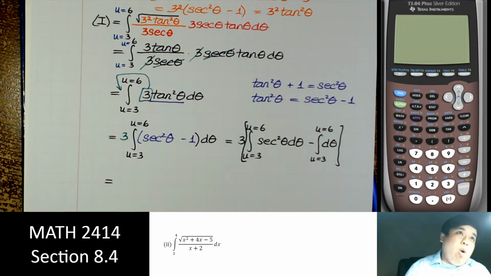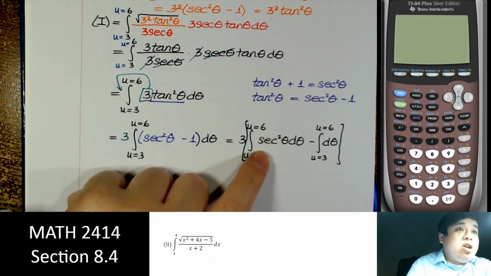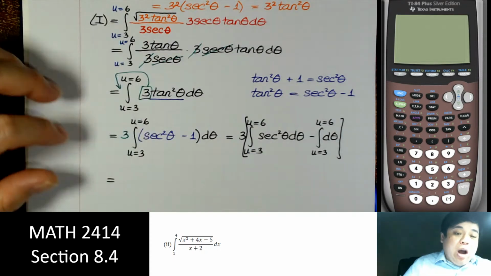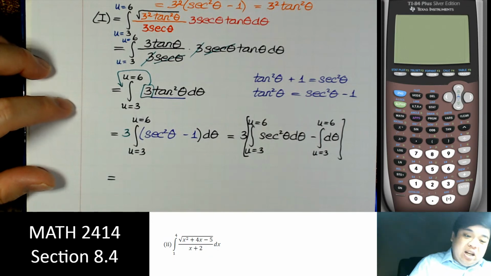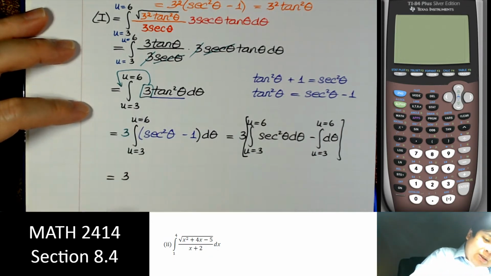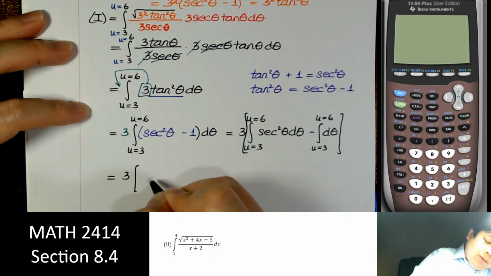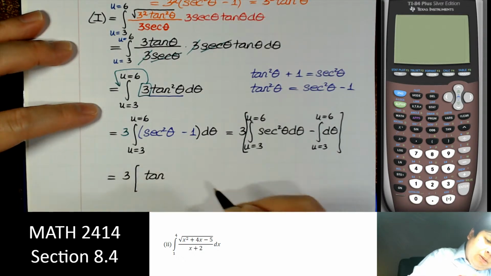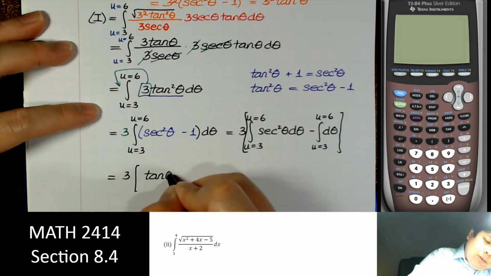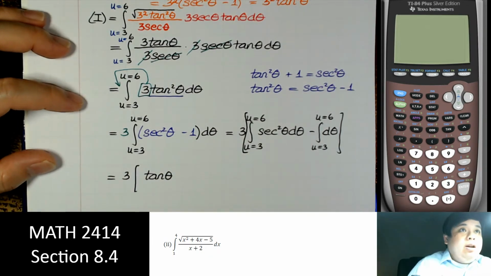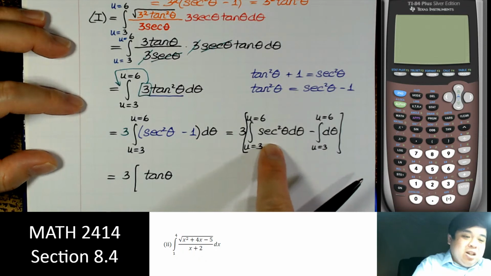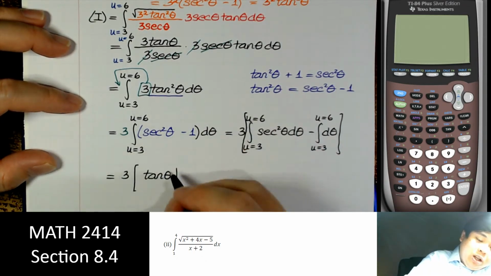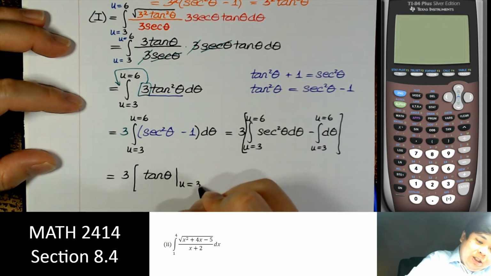The secant is also not very nice, but actually the secant square is very nice because the derivative of tangent is secant square, so the antiderivative of secant square is tangent. But we're not going to use the limits from 3 to 6. Those limits are for u, not for theta.